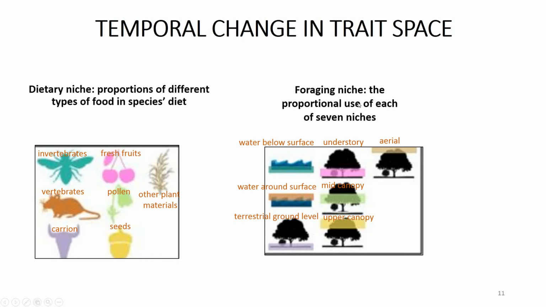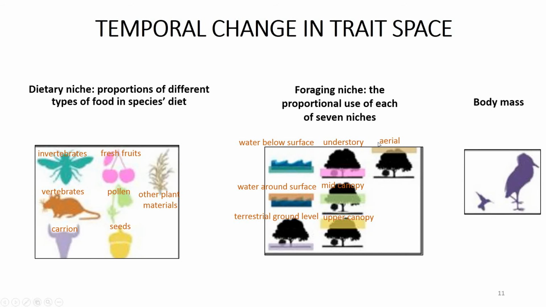Another niche space is the foraging niche, including water below surface, understory, water around surface, terrestrial ground level, mid canopy, upper canopy, and aerial. And the last niche is body mass.